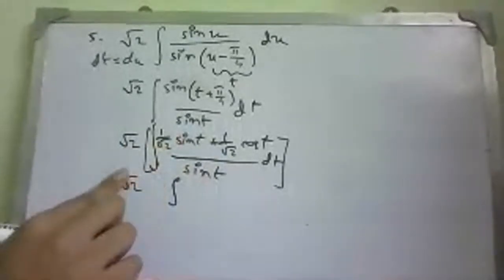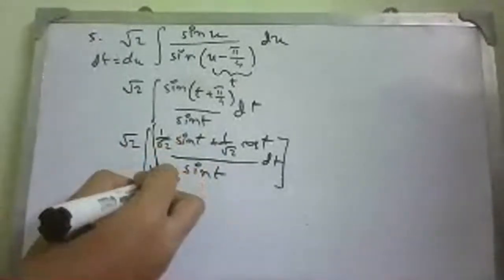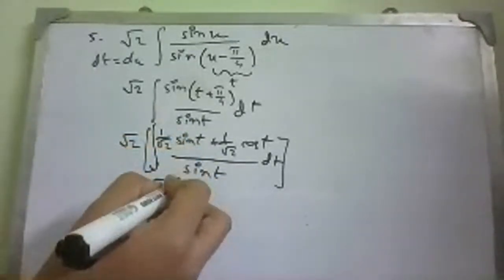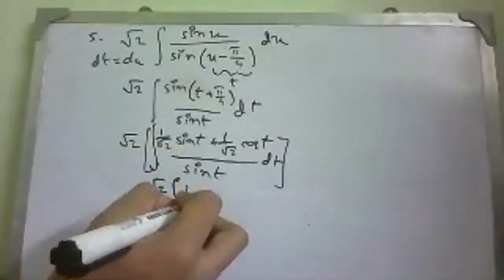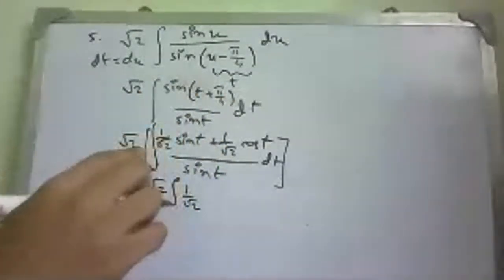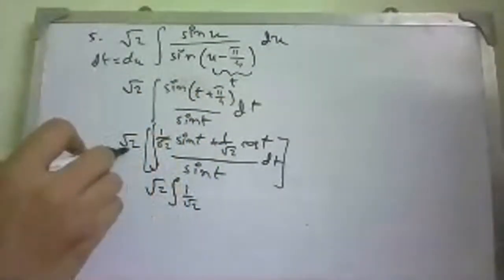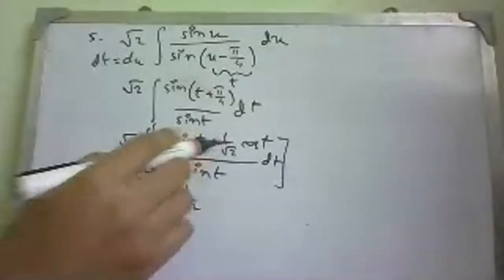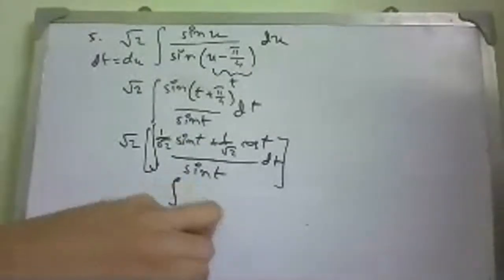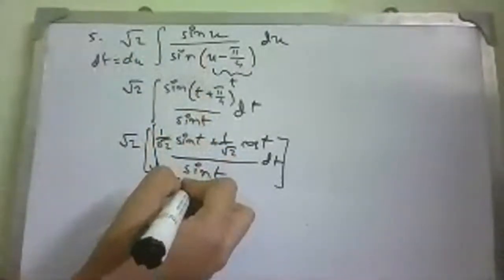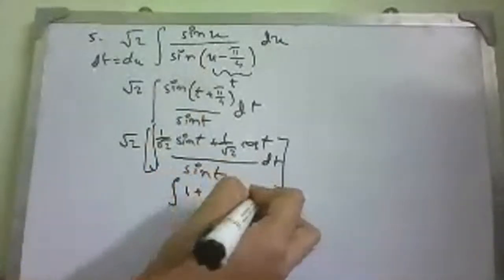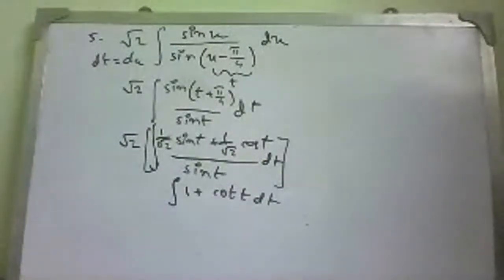We can just remove this bracket, it is not useful. This is also very interesting. We can see that the root over 2's are actually getting cancelled, so we can get rid of all of the root 2's. So we are basically left with the integral of 1 plus cot t dt.